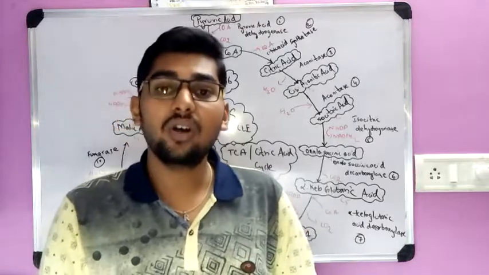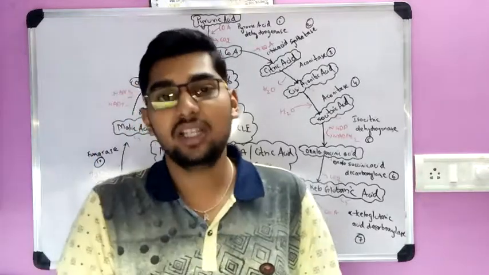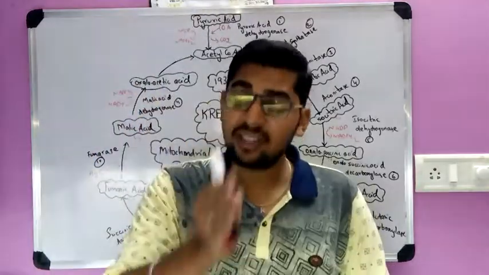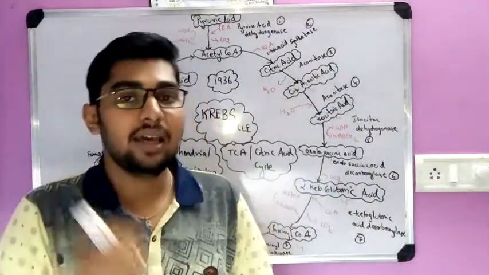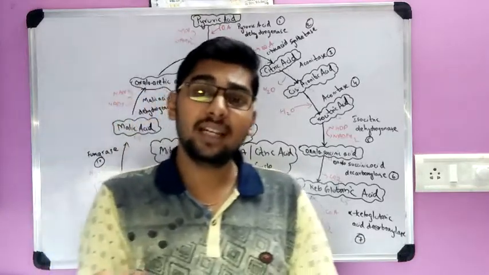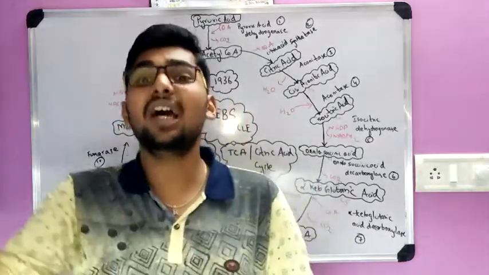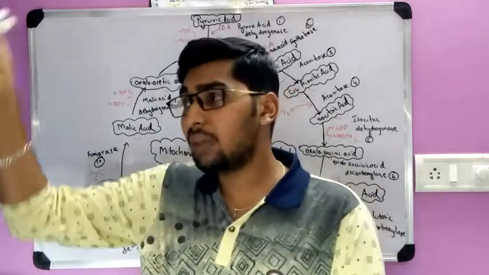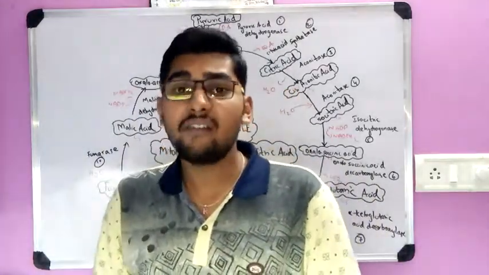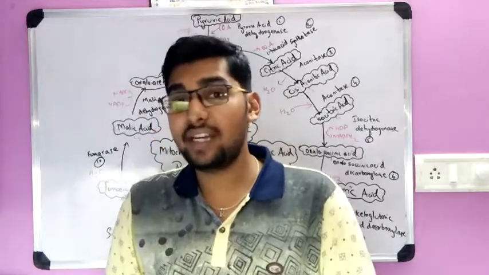Either it may undergo oxidative decarboxylation. The name itself says oxidation is occurring, decarboxylation is occurring, removal of carbon dioxide. Or this acetyl coenzyme A may also come from beta oxidation of fatty acids, which I have dealt with in another video. When you study the beta oxidation pathway of fatty acids, acetyl coenzyme A is the final product.